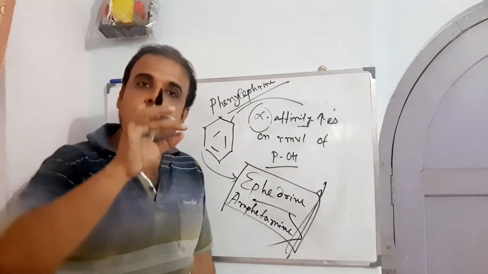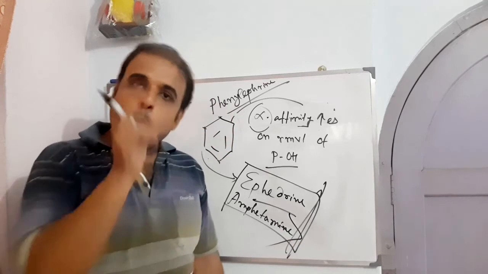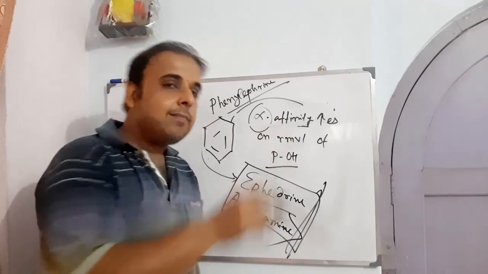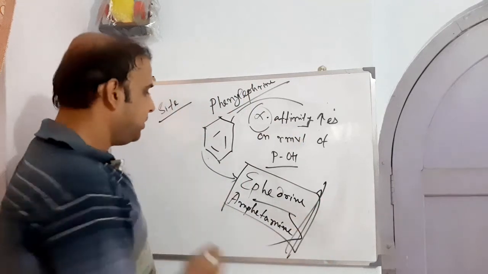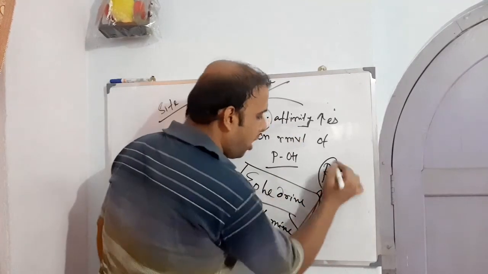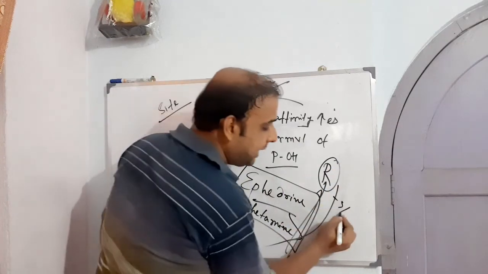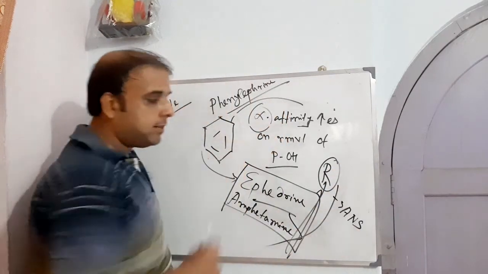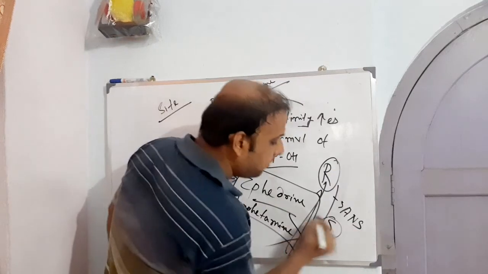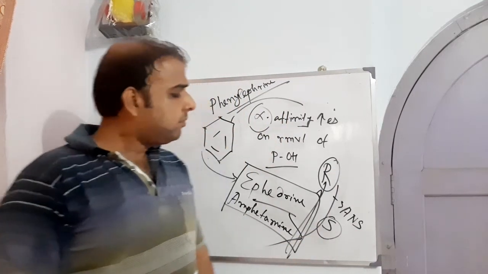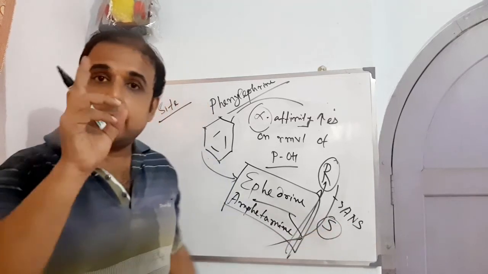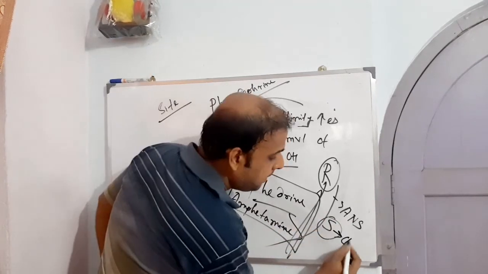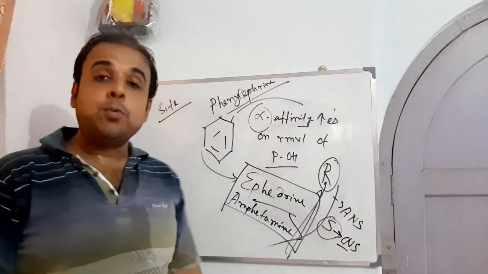Amphetamine can appear as a pair of enantiomers, right? One enantiomer, the R form of amphetamine, is acting on the ANS, that means the sympathetic system, whereas the S form no longer has an affinity towards the autonomic nervous system; rather it develops its affinity towards the central nervous system.